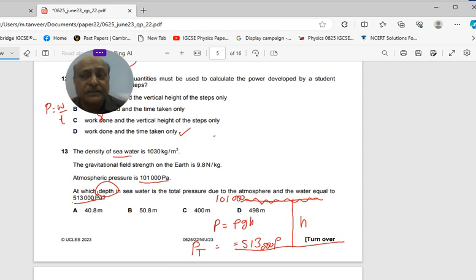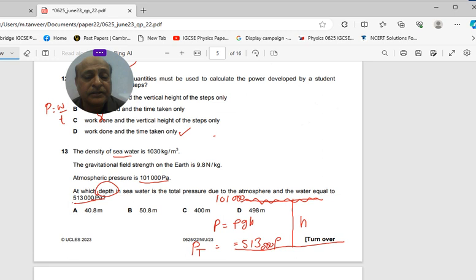Suppose a stone is placed in the depth of the sea. The total pressure acting on the stone is the combination of two pressures: one is atmospheric and the second is liquid.